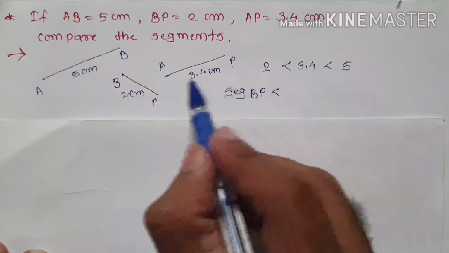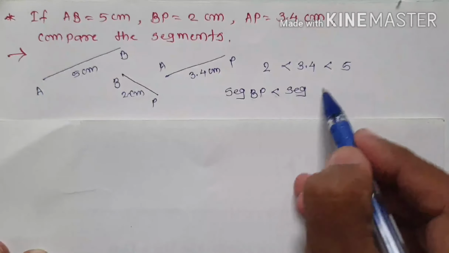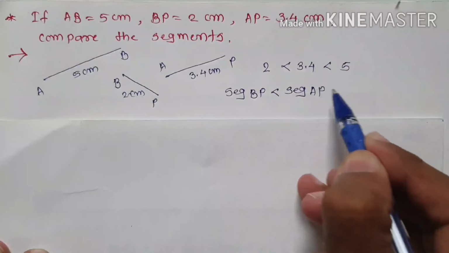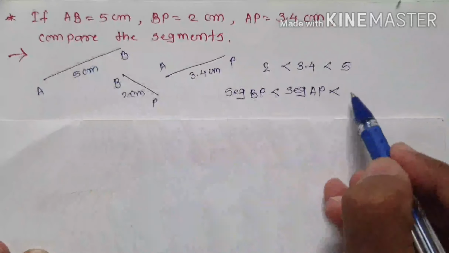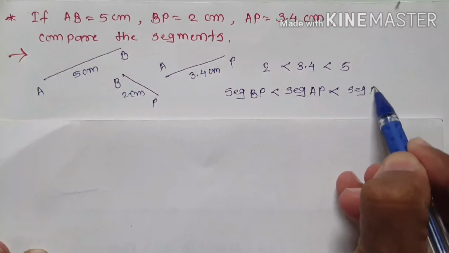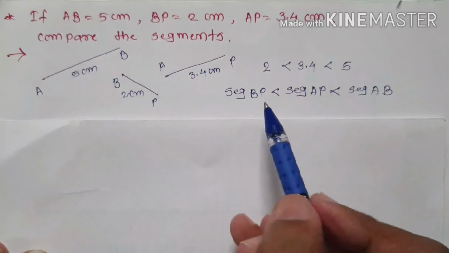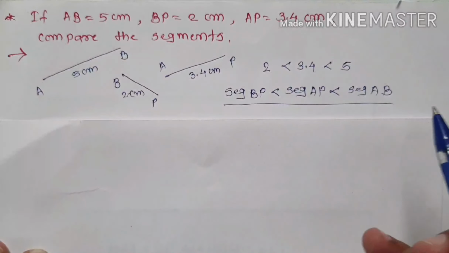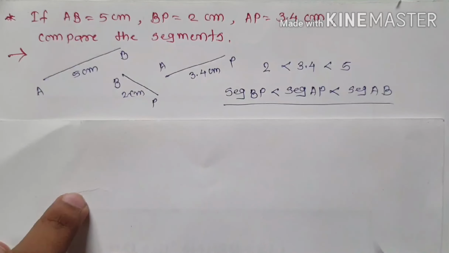Then 3.4 is the length of segment AP, so segment AP is greater than segment BP, and 5 is the length of segment AB, that's why segment AB is the largest segment among all three. This is the way by which we can compare any segments.